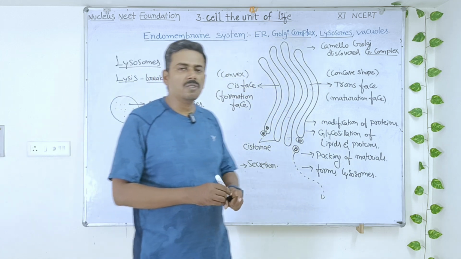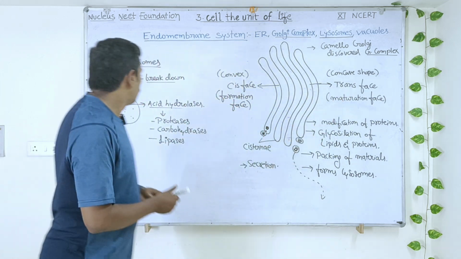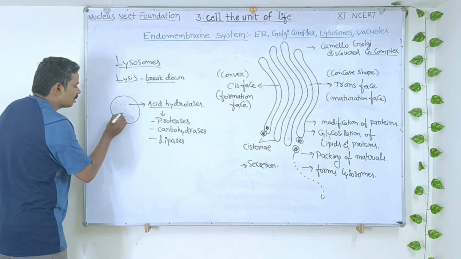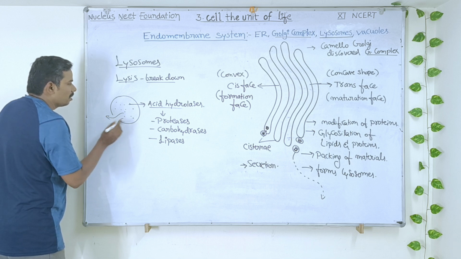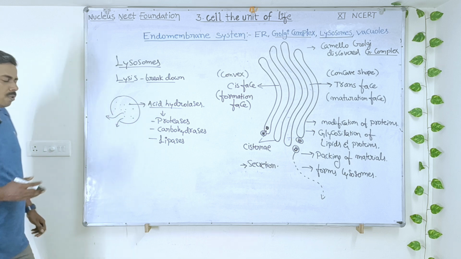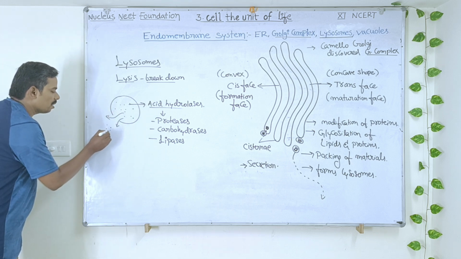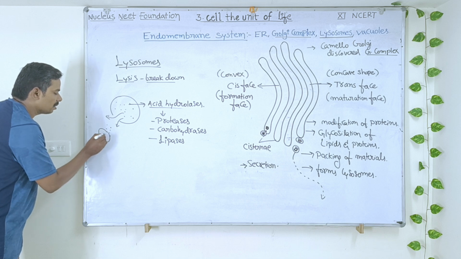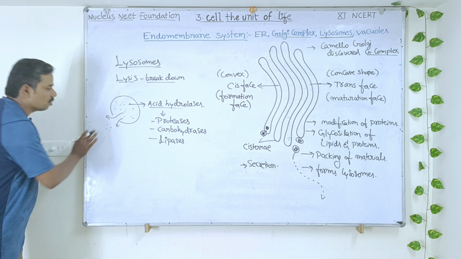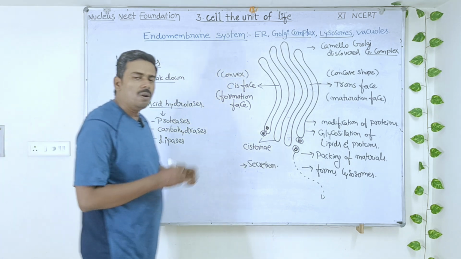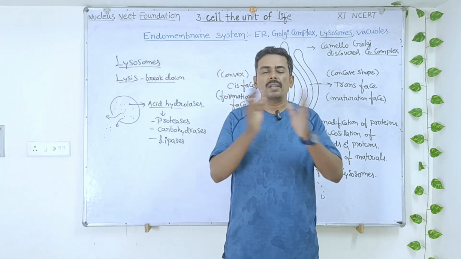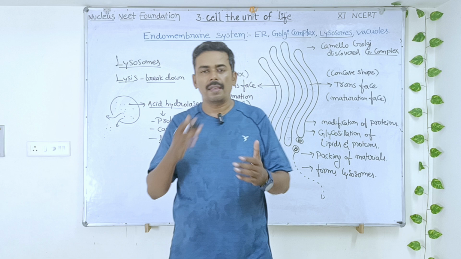So when these lysosomes rupture, then what happens? They will release the contents to outside. The acid hydrolases, when they come to outside, will break down the old cell organelles and dissolve them. In this manner, the old worn out cell organelles will be recycled inside the cell.